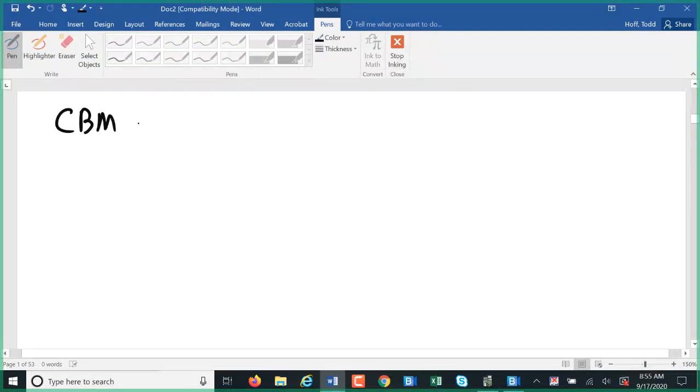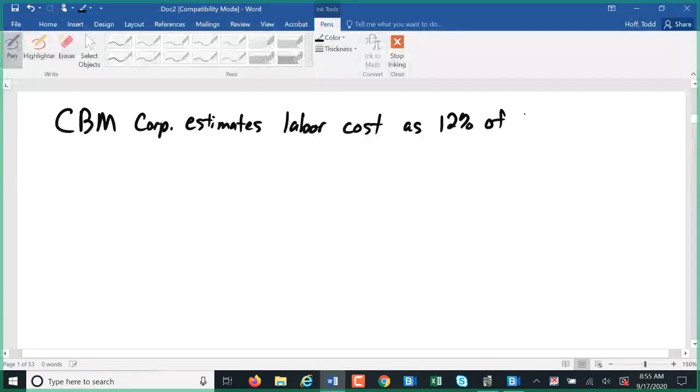DBM Corporation estimates labor cost as 12% of total revenue.